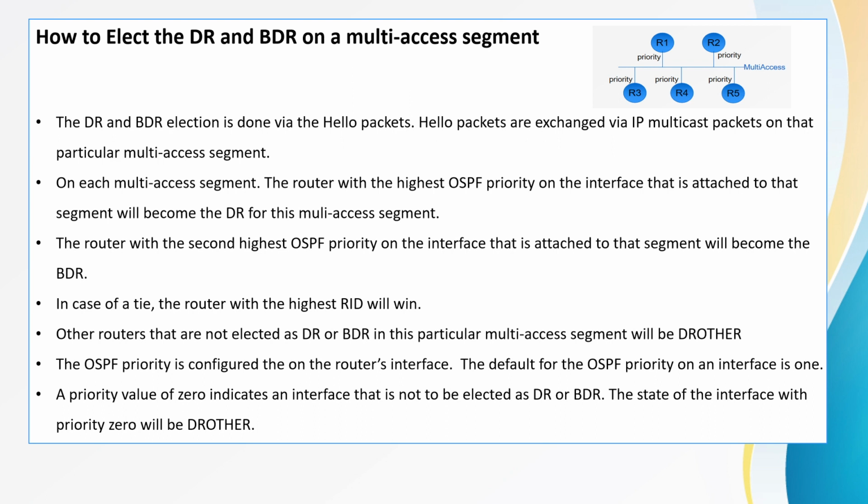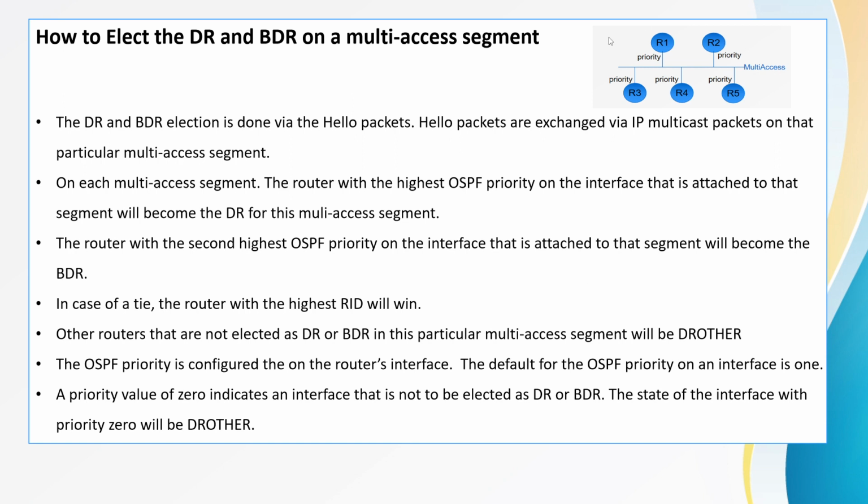OSPF priority is configured on the router interface. The default for OSPF priority on an interface is 1. The priority value of 0 indicates an interface that is not to be elected as a DR or BDR. The state of the interface with priority 0 will be DR other.